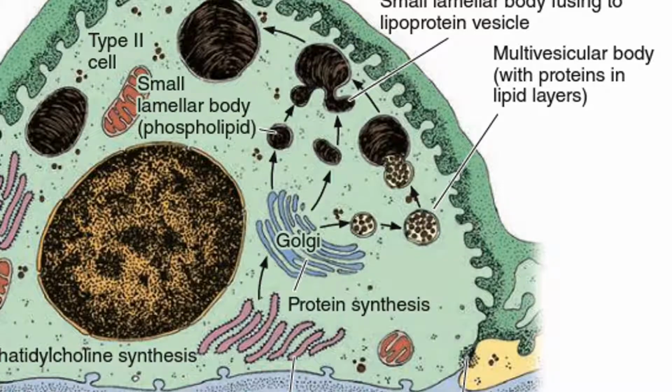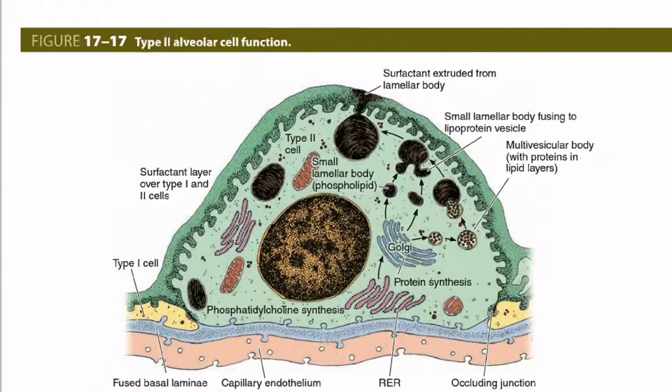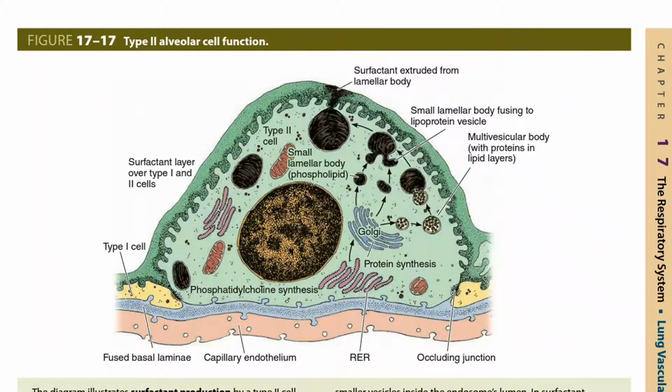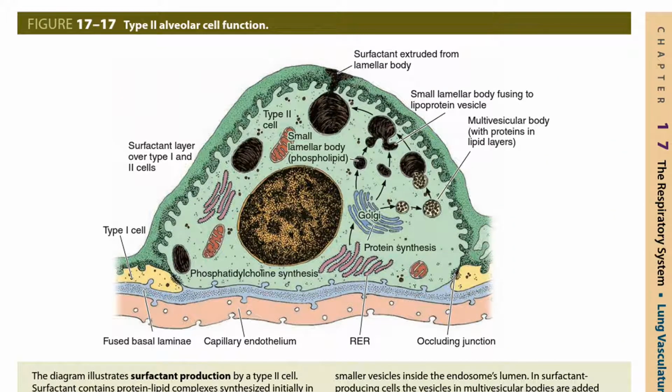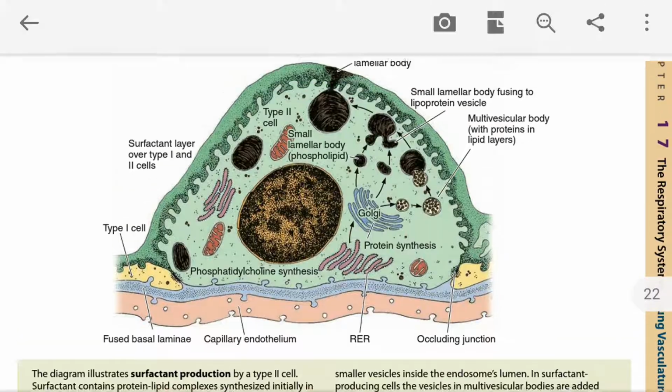So protein synthesis, then the Golgi body, then the secretory vesicle, and this exocytosis process, and the surfactant is released. Okay, just for your information, this is how they produce the surfactant.